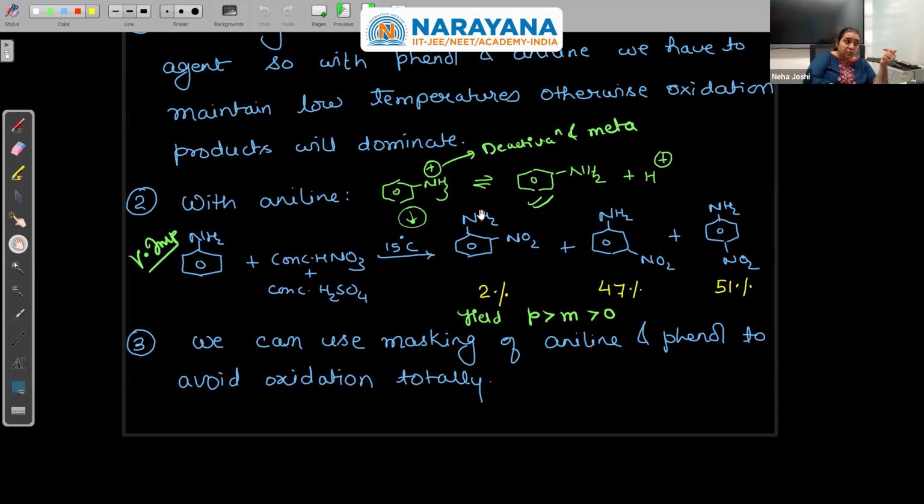It attacks at this position only, and then it again becomes deactivated. So when it comes to ortho attack, it attacks on nitrogen, and then for further strong heating, it may decompose or dissociate and go back to para position. That is why. Okay.